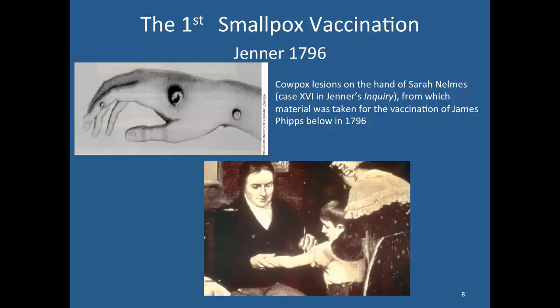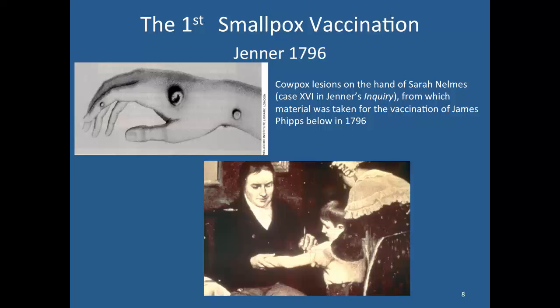There was cross-reactivity between the two. So Jenner took cowpox from an infected milkmaid and injected it into a boy, James Phillips, in 1796. Then what he did today would not be considered acceptable: he inoculated this boy with smallpox later on and found that the boy survived. This was the first example of a vaccination being used.